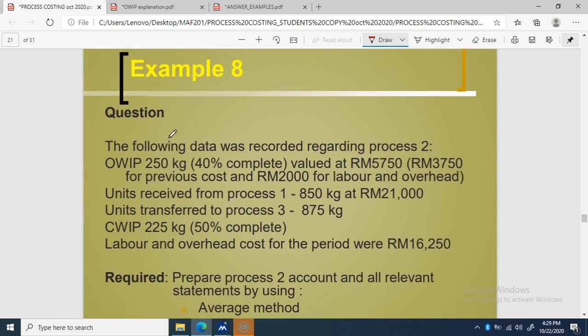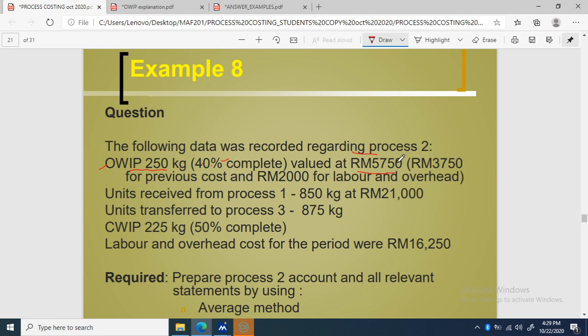Okay, example 8. The question for example 8: the following data was recorded regarding process 2. Under process 2, we have OWIP 250 kg, 40% completed in the previous year. That means in the current year, you have to continue another 60%. This 40% completed is valued at 5750.